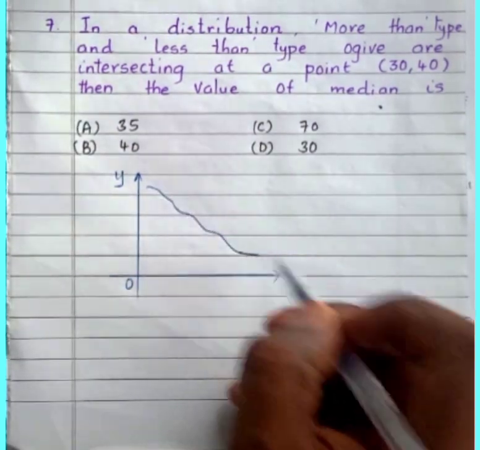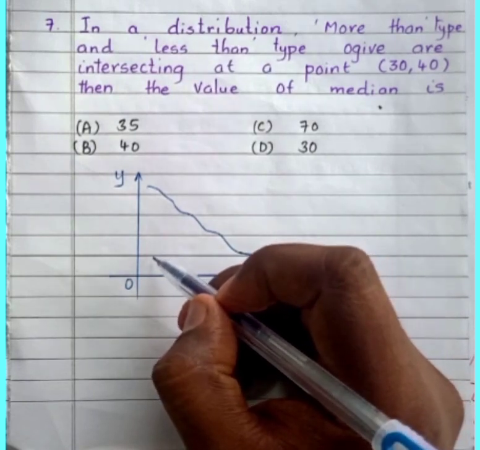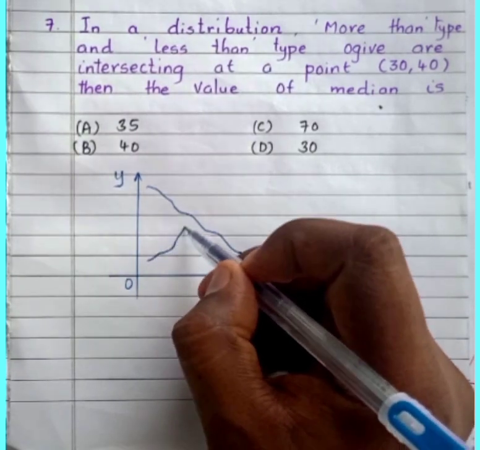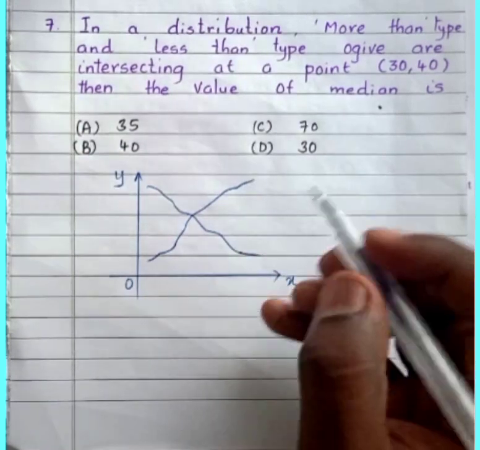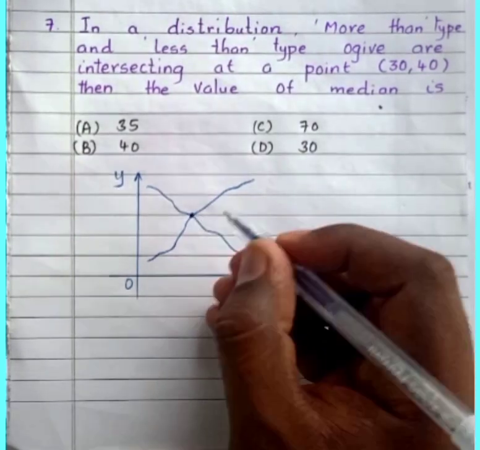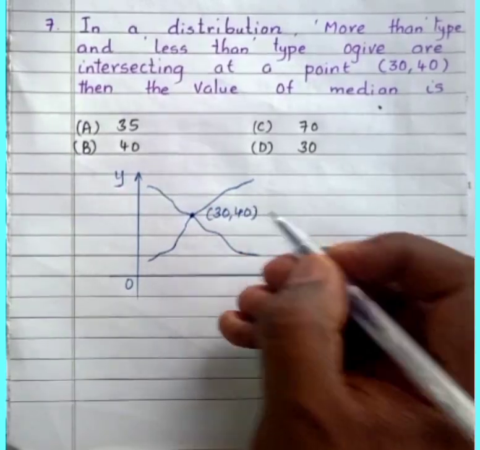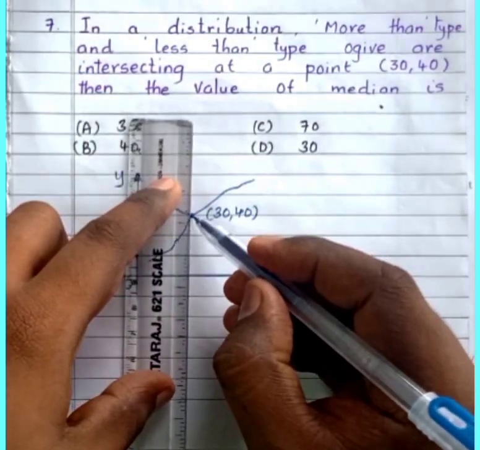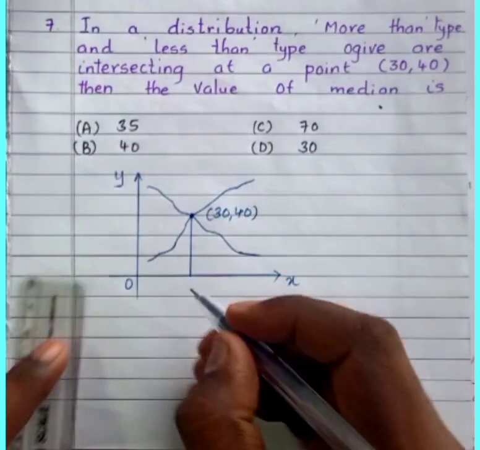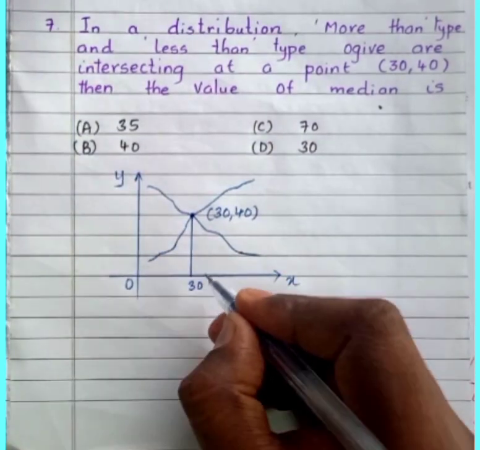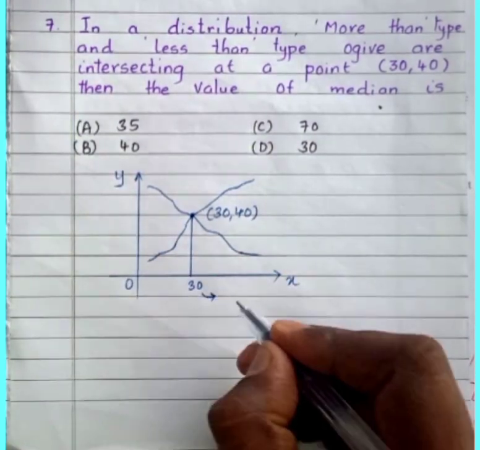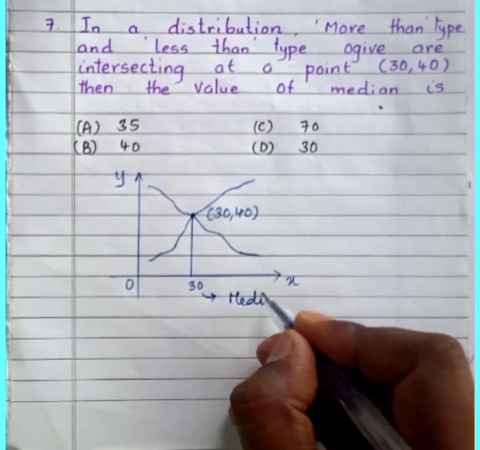Now the median is, if we extend the line on x-axis, we get 30, therefore median is 30.